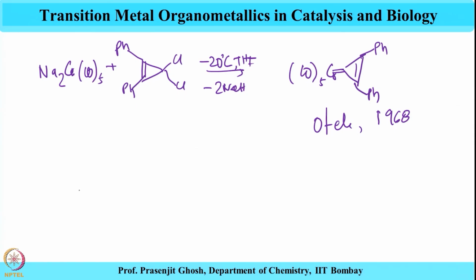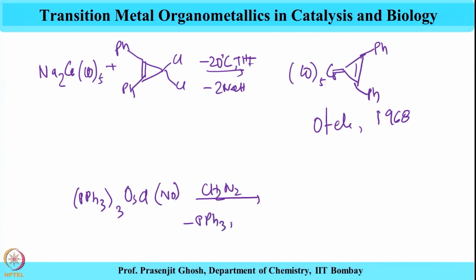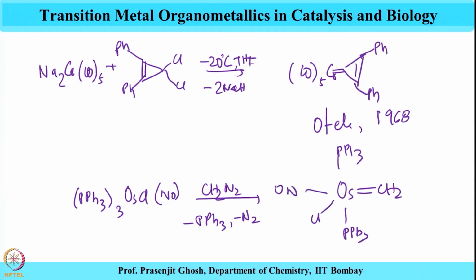Another interesting method is PPh3 osmium chloride NO reacting with diazomethane, CH2N2, with loss of N2, giving this osmium carbene complex with PPh3, PPh3, Cl, NO, by Roper in 1983. So, what we see are indeed interesting examples in which these carbene complexes were made.